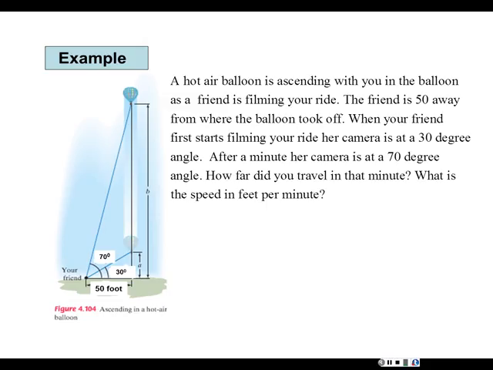How much? 108.50 feet, which is b minus a, and that's going to be the speed as well, because you traveled that distance in 1 minute.